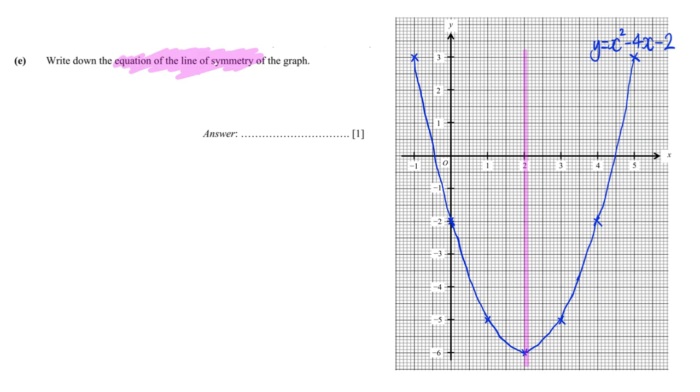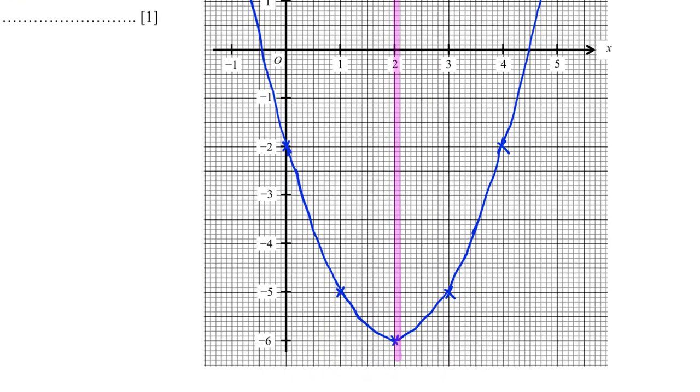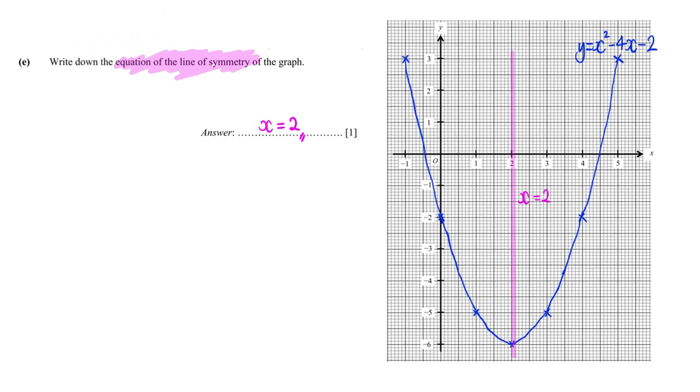So let me zoom in, and you could actually see that it corresponds to the x equals 2 line, where every point on this line, the value of x is 2. That gives it the name x equals 2, right? And therefore, the answer to this is x equals 2. Done.